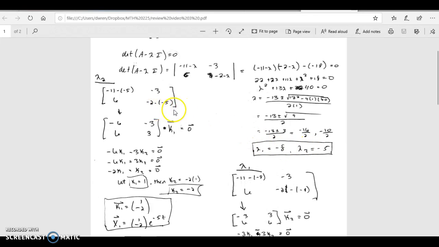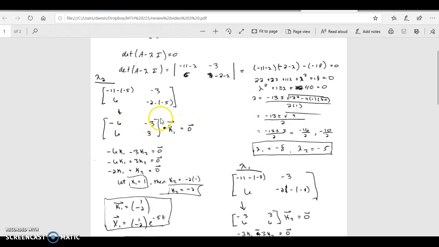So now, taking our lambda values, we'll take lambda 2 first. That's what I did first. Substitute the value in for lambda in our matrix. Negative 11 minus the negative 5, negative 3, 6, and negative 2 minus a negative 5, which gives us the matrix of negative 6, 6, negative 3, and 3, times our k1 vector, and set that equal to the 0 vector.